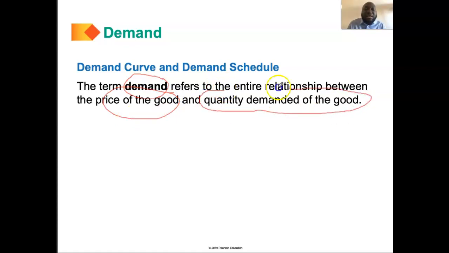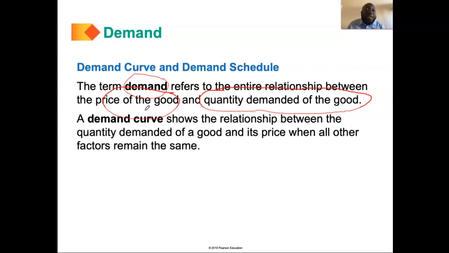Bear in mind the law of demand, right? So it looks at the relationship between the price of a good and the quantity demanded of a good. We already know this relationship is negative, where when the price of the good increases, the quantity demanded of the good actually decreases. And if the price of the good decreases, the quantity demanded of the good actually increases, okay?